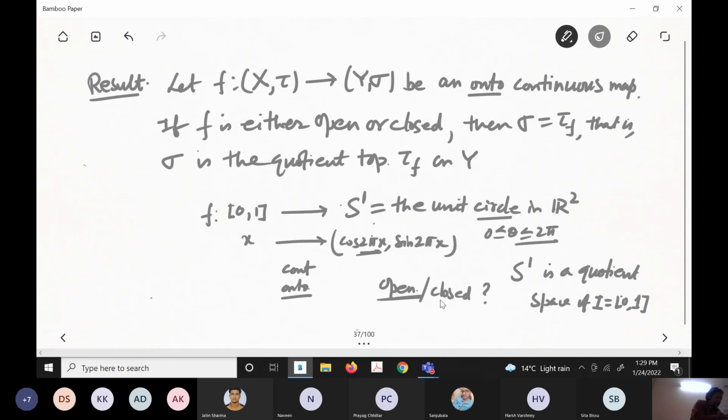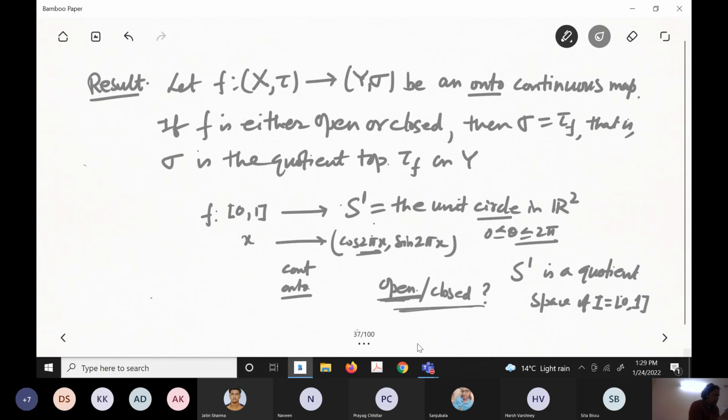You should check whether it is open or closed. But it's a quotient space: if you can check one of them is true, then it will be a quotient space because it is continuous and onto.